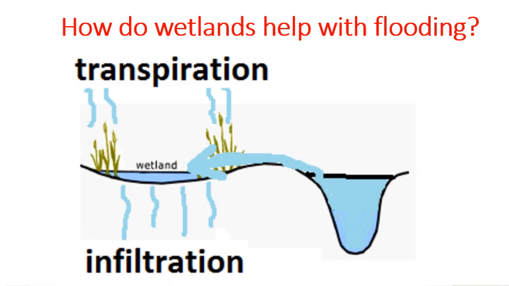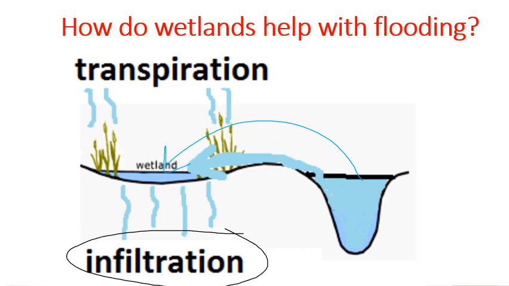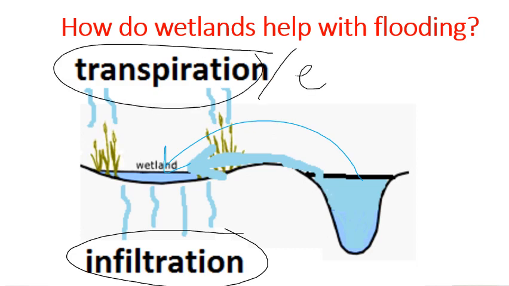So how do these wetlands help? There are two things that wetlands can do for us. When the river can't hold any more water and it goes into the wetland, two things can happen to the water. One, it will infiltrate the ground, which is good because we kept a lot of water from infiltrating when we made all those impervious surfaces and made too much runoff water in the river in the first place. The second thing is transpiration, and we can also say evaporation.